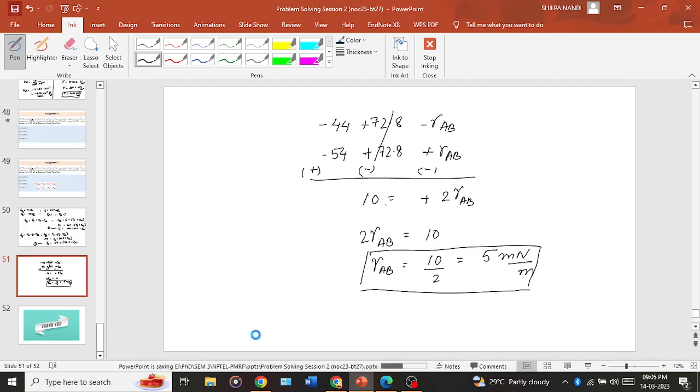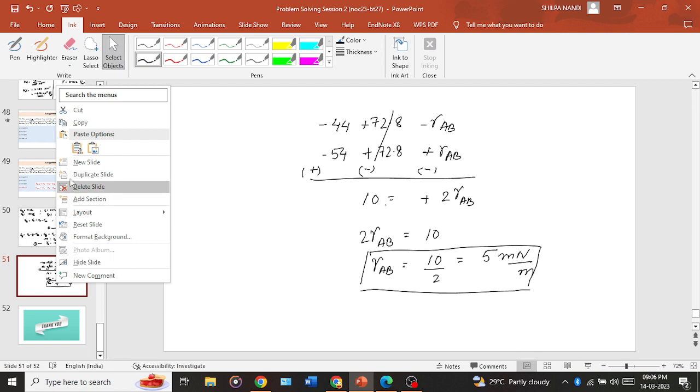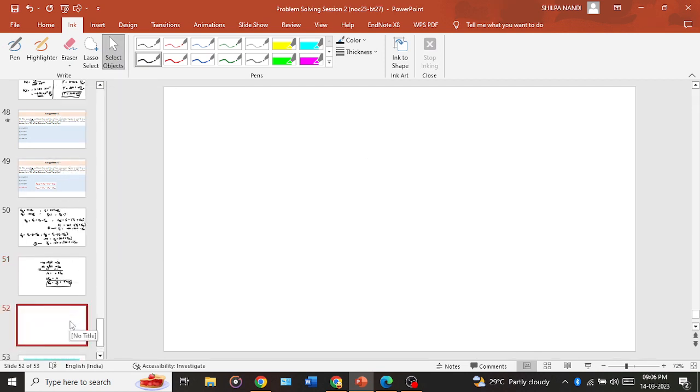Now you can just put the value of this gamma AB into any of the equations and solve it for gamma B, right? So we'll solve it. We got the gamma AB as 5 millinewton per meter.